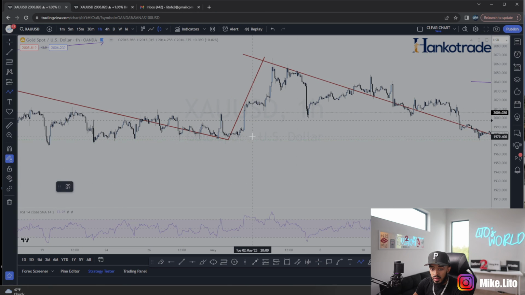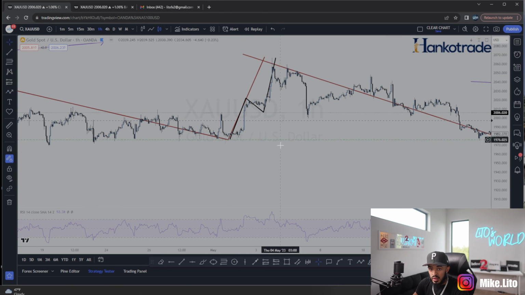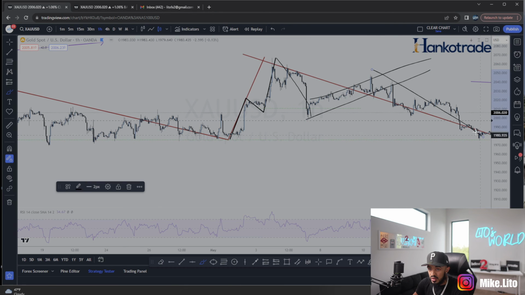We had a low to a higher high to a higher low to a higher high, impulse, correction, continuation here. And then we broke structure with a brand new impulse, then we got a correction, and then we got a continuation. So we went from an uptrend to a newfound downtrend.